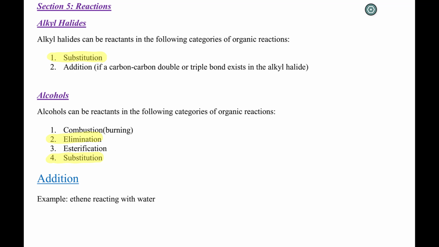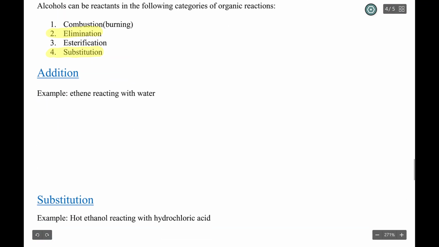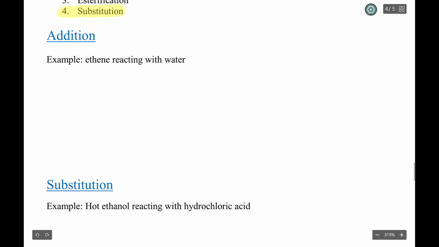So the first thing we're going to look at is an addition reaction, which we've looked at already back in our earlier videos. Remember that in an addition reaction, you have to have at minimum a carbon-carbon double bond or carbon-carbon triple bond, and we're adding to it some small molecule.